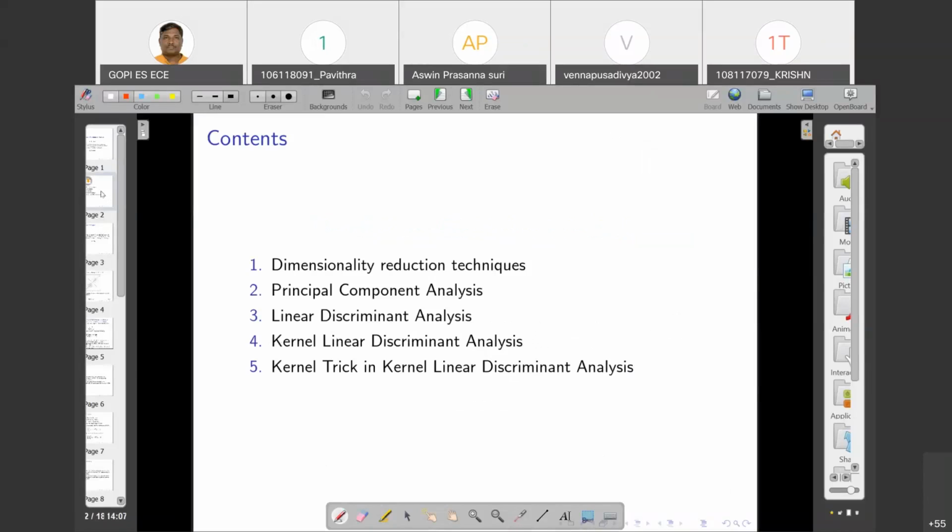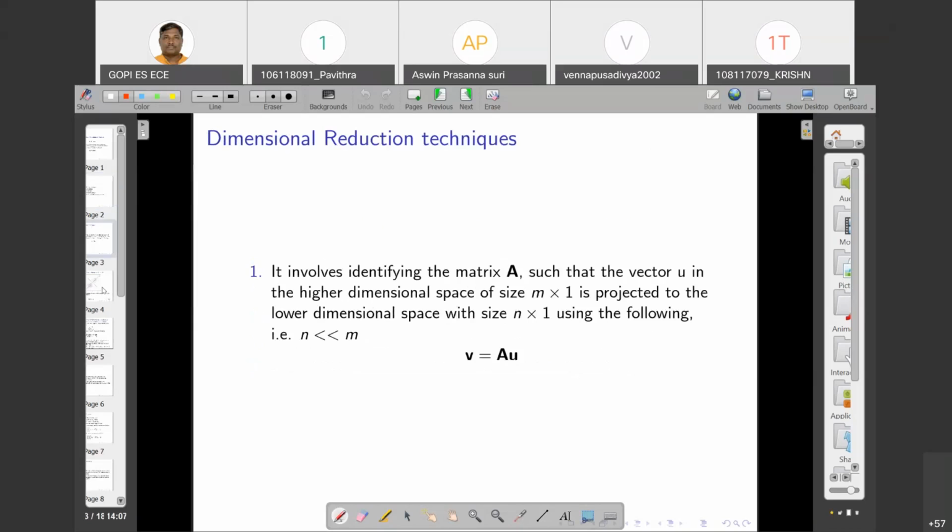So what we are discussing is the dimensionality reduction technique. In that sequence, we are discussing KLDA, Kernel LDA. You know what dimensionality reduction is.